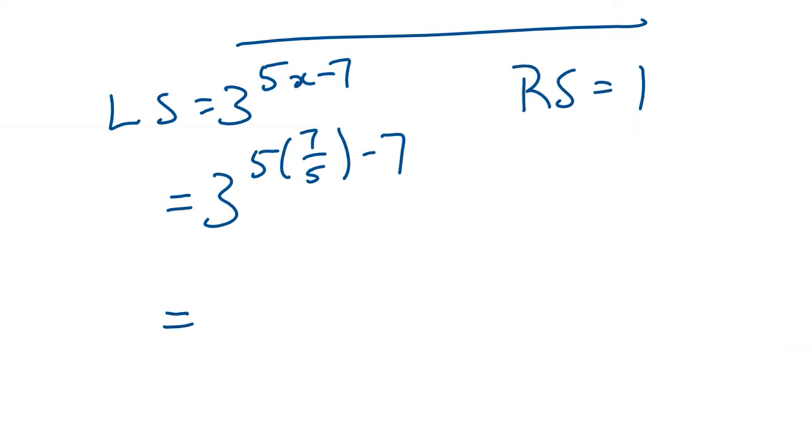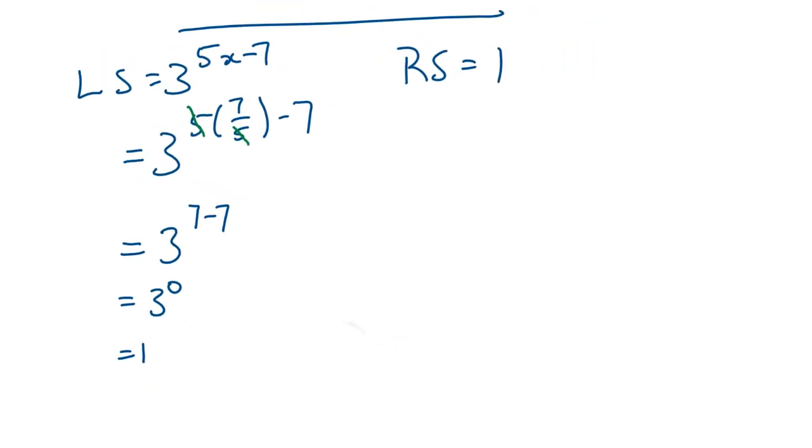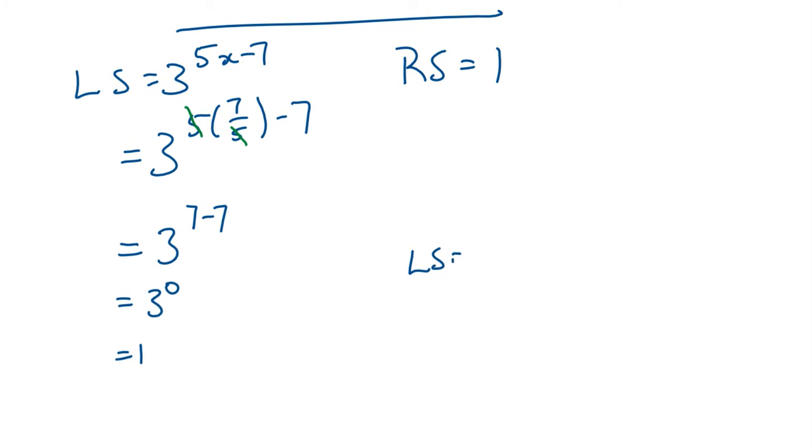But I'm going to do the work. So this is 5 times 7 over 5, and I can divide those to 1. 5 divided by 5 is 1. So they're now turned into a 1, so they're gone, basically. And this becomes 3 to the 7 minus 7, which is 3 to the 0, which is 1, which is the right side. So left side equals right side. Therefore, x does indeed equal 7 over 5.